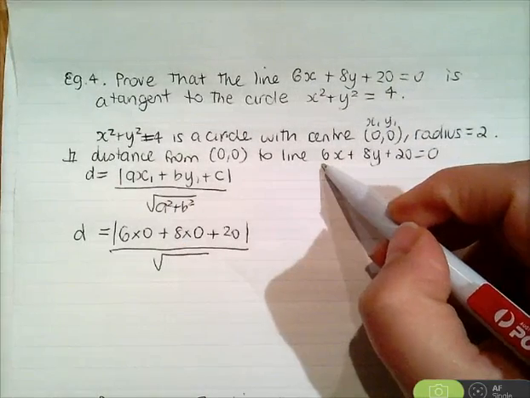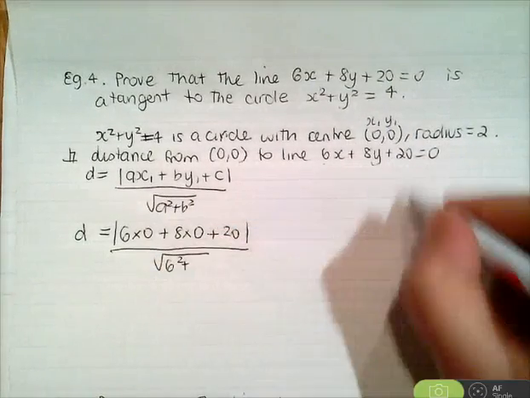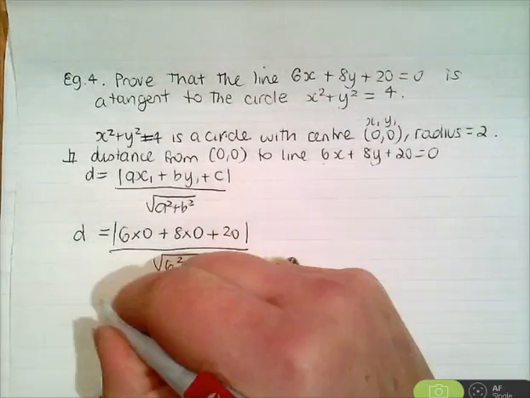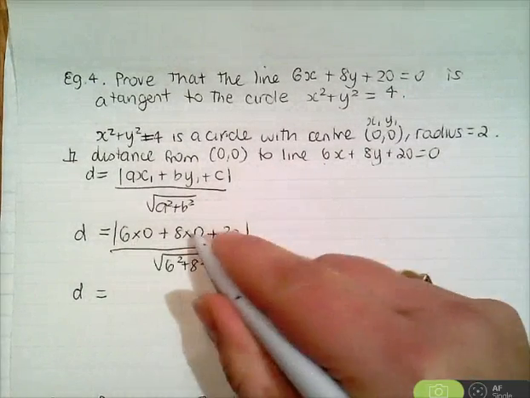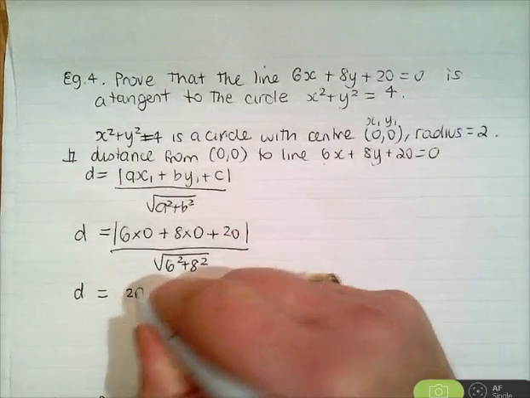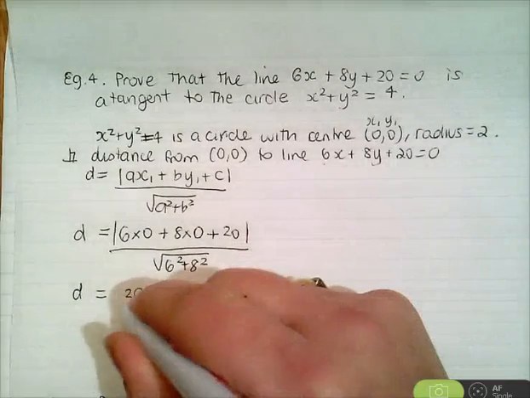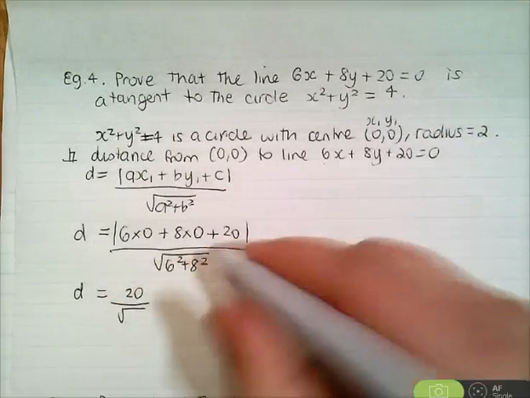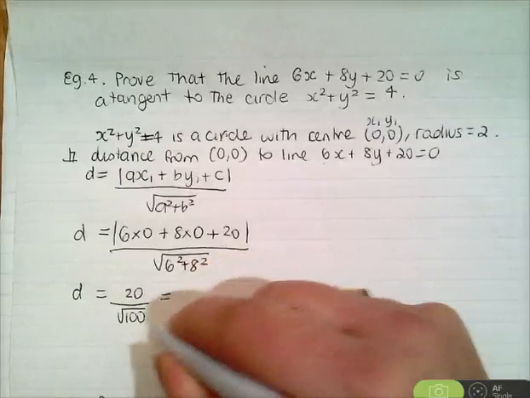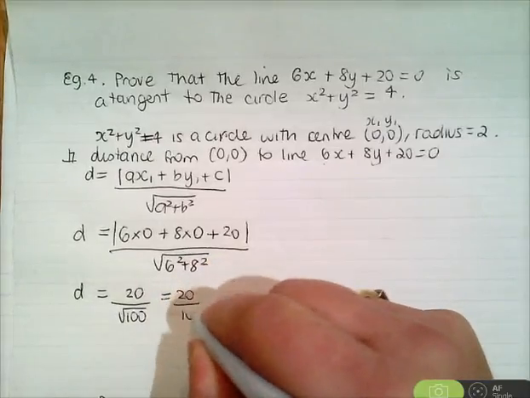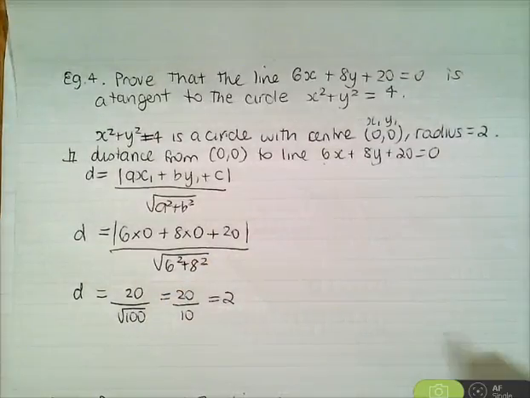A is 6 and b is 8, so 6 squared plus 8 squared. And we get 0 plus 0 plus 20. So it's the absolute value of 20, which is 20 over the square root of 100, because 36 plus 64 is 100, and that's just 20 over 10, which happens to be 2.